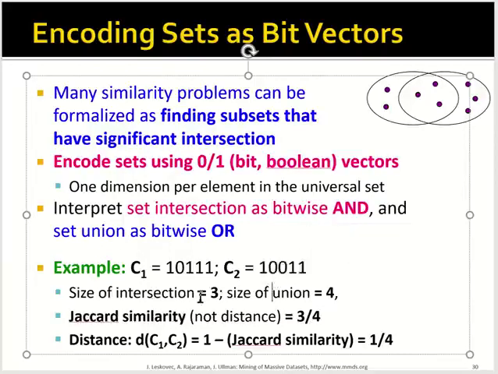So the intersection equals 3, while the union covers all the positions where either C1 or C2 has a digit 1, for example the first, the third, the fourth, and the fifth non-zero digits. So the union is 4. So in the Jaccard similarity, what we got is 3 of 4, while the distance, defined as 1 minus the Jaccard similarity, is 1 of 4.